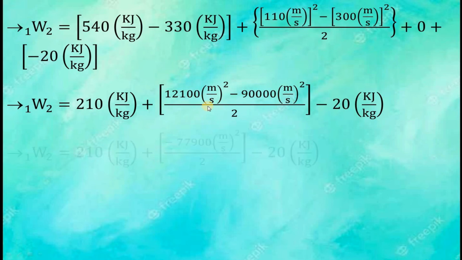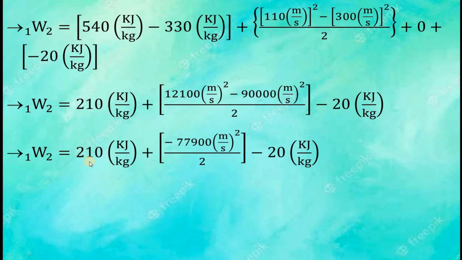So the next step will be 1W2 is equal to 210 kilojoule per kg plus of minus 77,900 meter per second whole square whole divided by 2 minus 20 kilojoule per kg. So here minus 77,900 divided by 2 is minus 38.95 into 10 power 3.